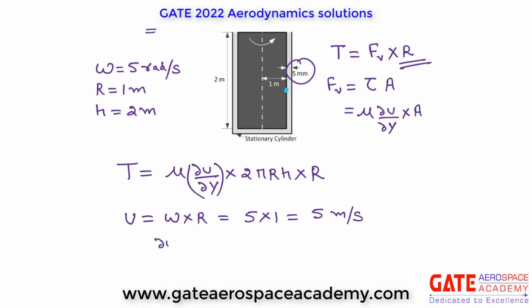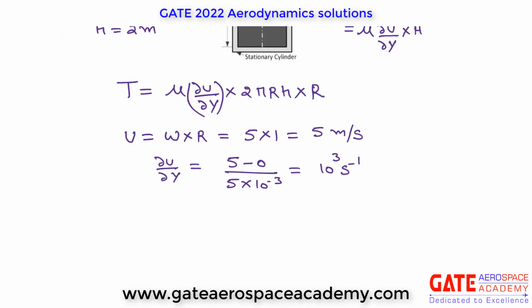What will be dou u by dou y? 5 minus 0 upon the gap. The gap is 5 mm they have given. So 5 into 10 raised to power minus 3, right? So it will be 10 raised to power 3 per second.